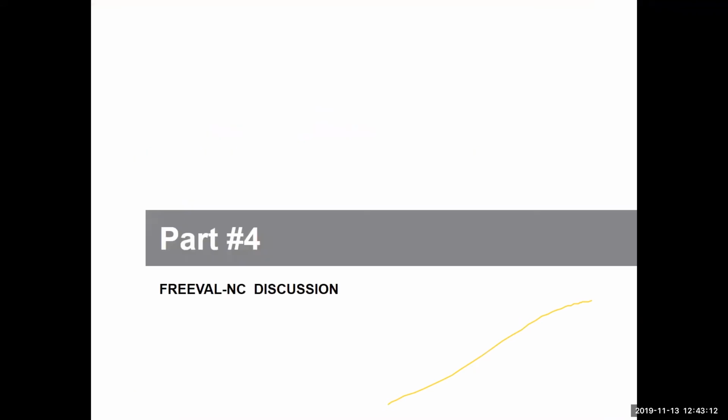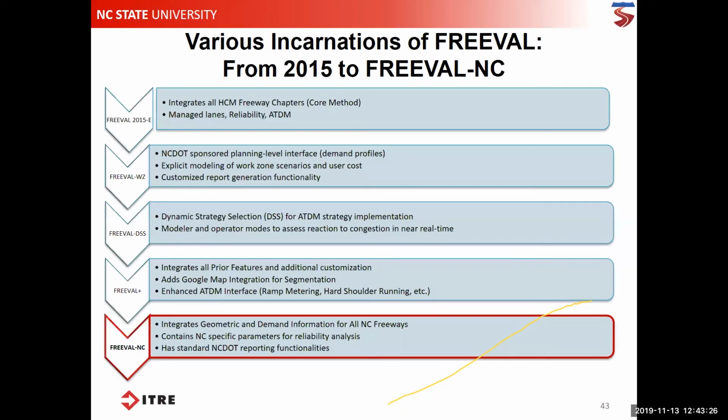So with that said, I summarized what we have done in our research projects, and I'm going to take the remaining 7-8 minutes and talk about how we have envisioned the implementation of what we have got from this research project into FREEVAL. For those of you who are not familiar, FREEVAL is the official computational engine of HCM methods presented in Volume 2, the uninterrupted flow facilities methods.